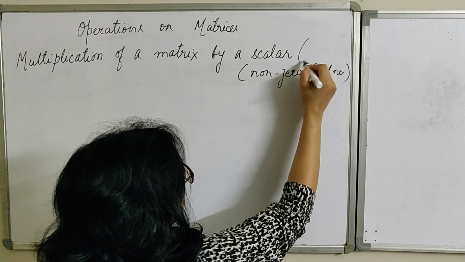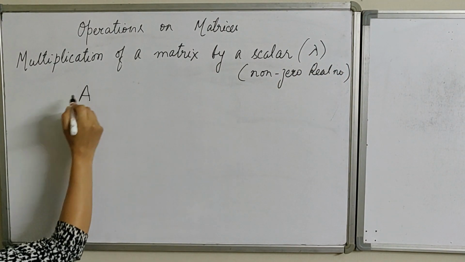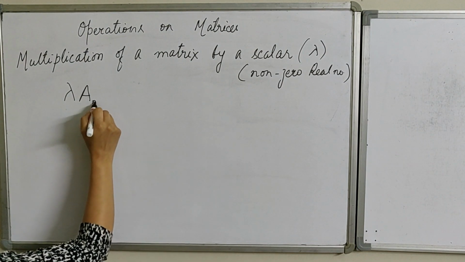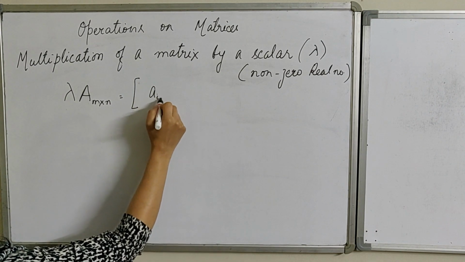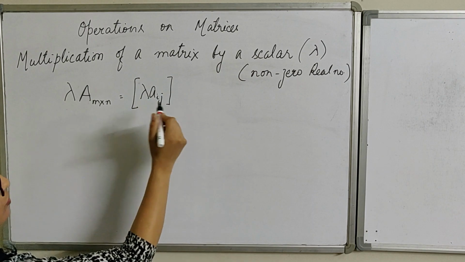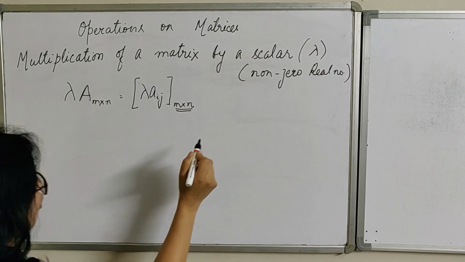Suppose the scalar is represented by lambda. A is any matrix, and if it is multiplied by lambda, a non-zero scalar, that means each element of the matrix is multiplied by that non-zero constant, and the resultant matrix obtained is of the same order.